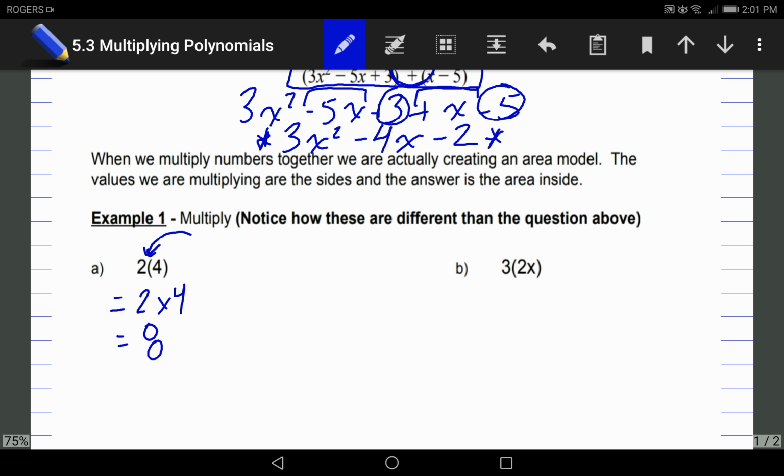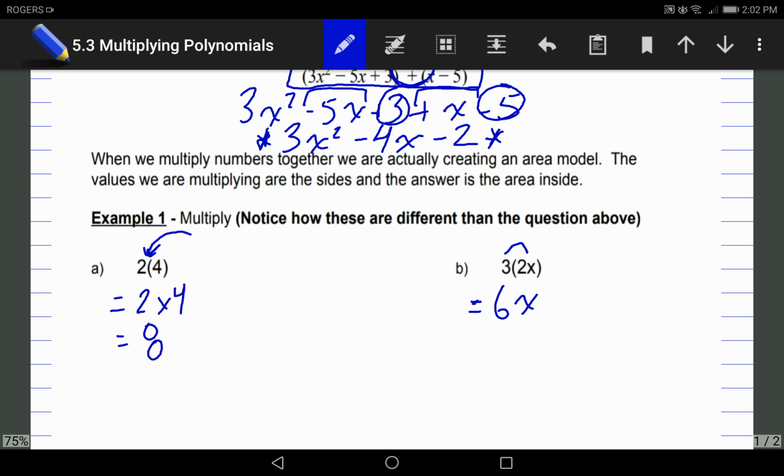Same thing here. 3 times 2x. When you're multiplying a number times a number times x, like here we have 2 times x, it's actually pretty straightforward. You just need to multiply 3 times 2, so you get 6, and then just put your x there as well.